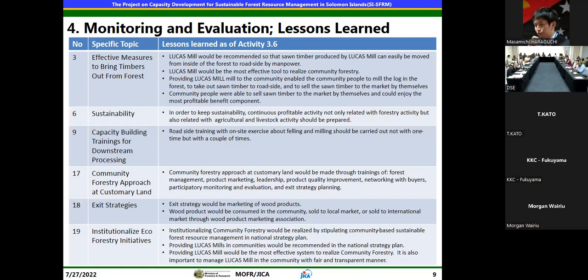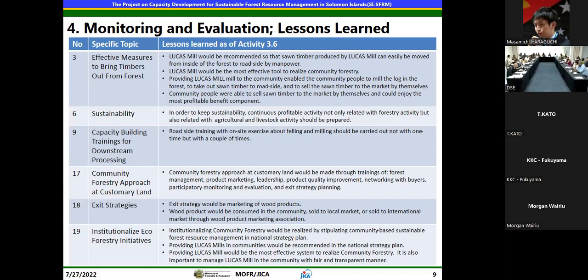Number 19, institutionalized eco-forestry initiatives. Lesson learned, institutionalizing community forestry would be realized by stipulating community-based sustainable forest resources management in the National Strategic Plan. Providing Lucas mill in communities will be recommended in the National Strategic Plan.